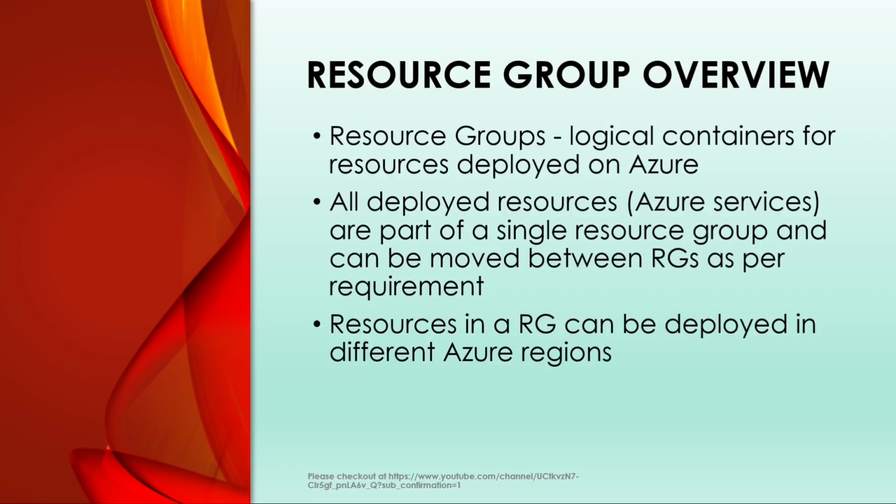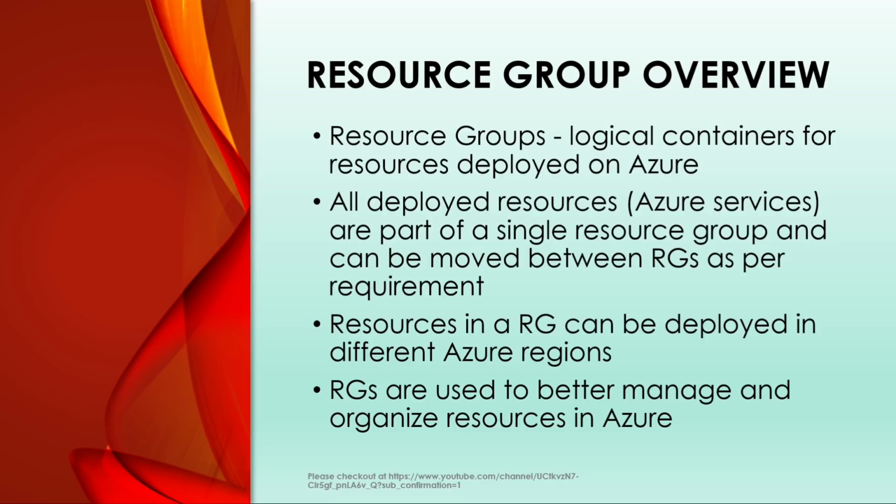There is no correlation as such between the location of the resource group and the location of a resource. You can have a resource group in one location and resources in a different location. Your resource group is just a container.